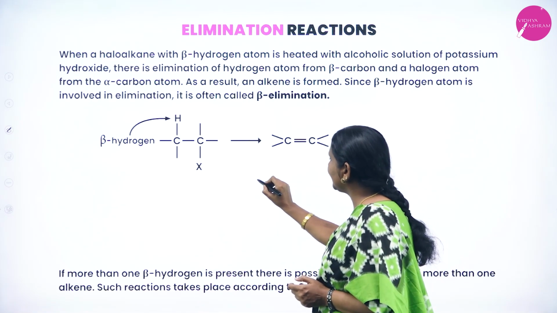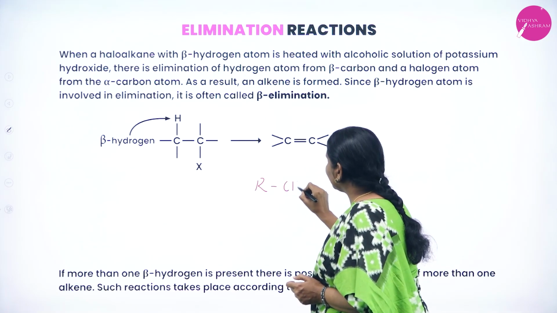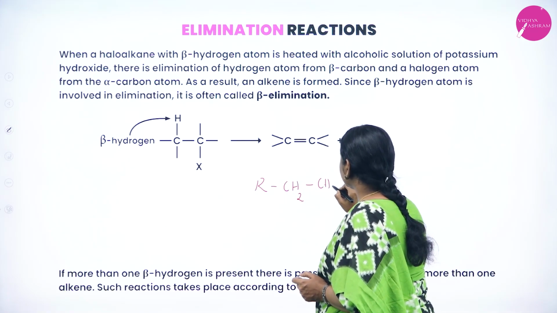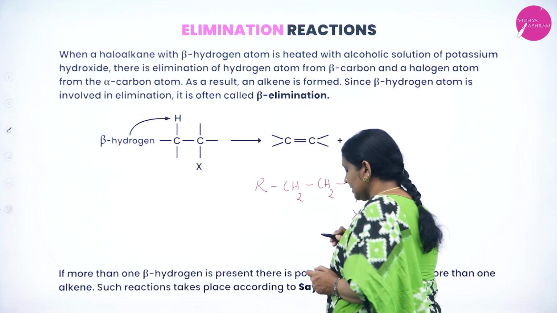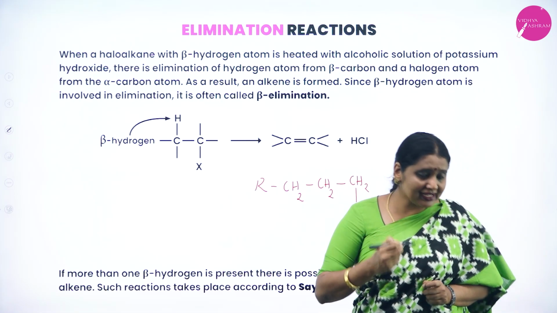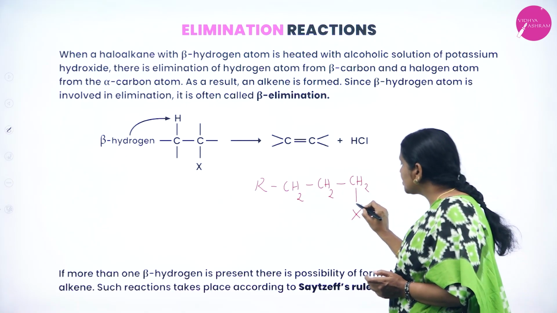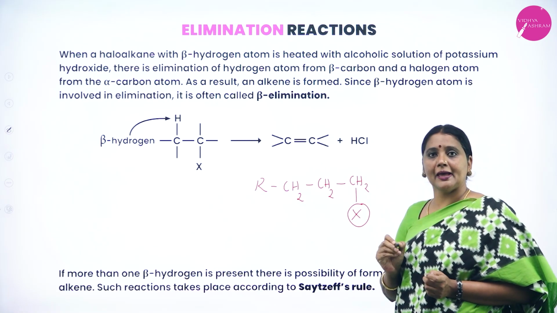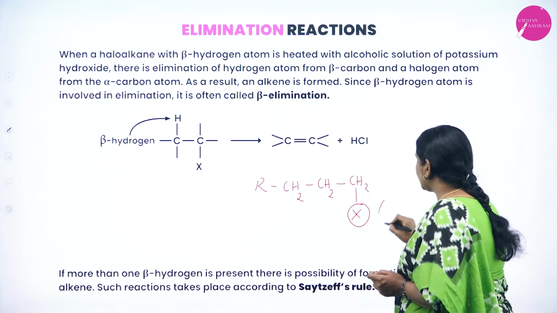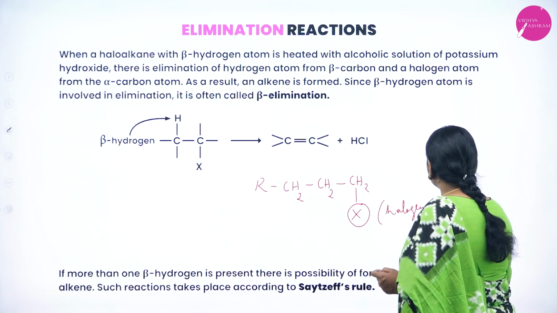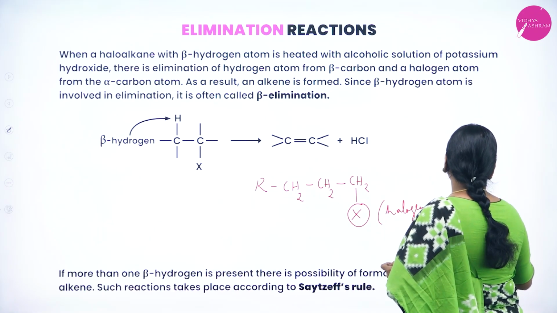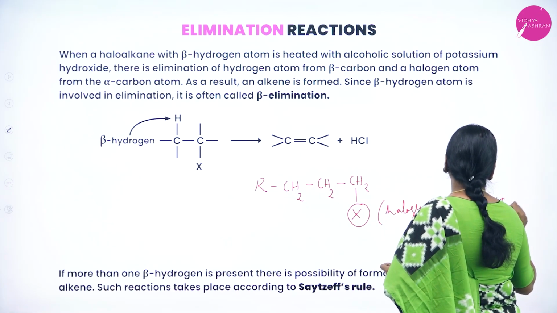Now I am going to consider a general formula of alkyl halide, R-CH2-X. In an alkyl halide or haloalkane, the functional group is X, where X is a halogen atom: chlorine, bromine, iodine.